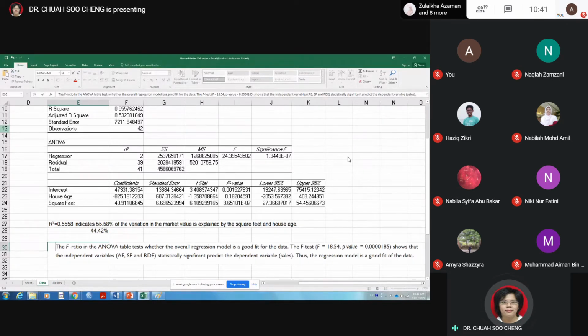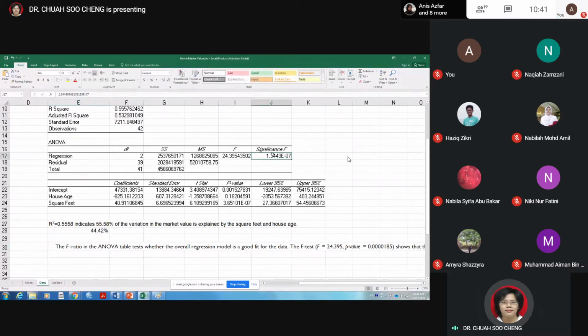So now here, what is our F value? Our F value is 24.395. Our P value here, you must be careful. It is 1.3443 E negative 07.